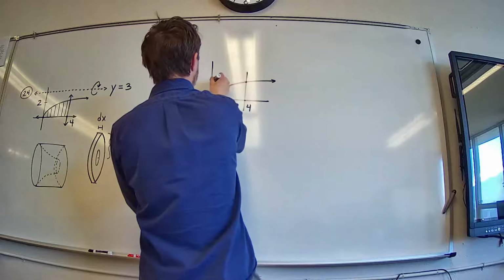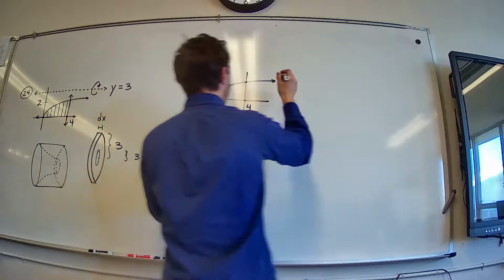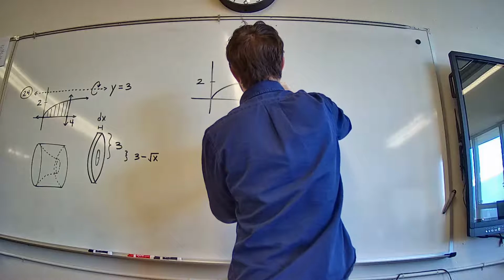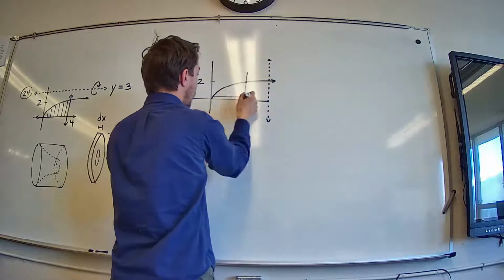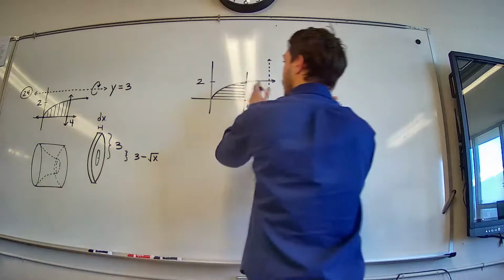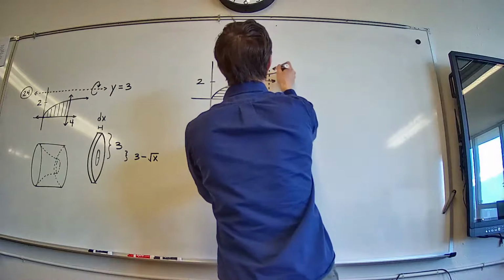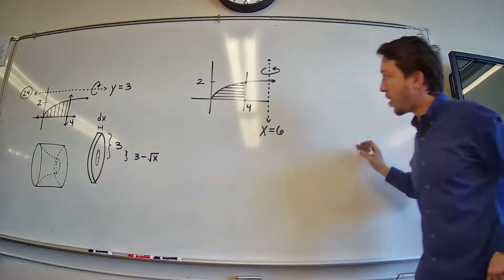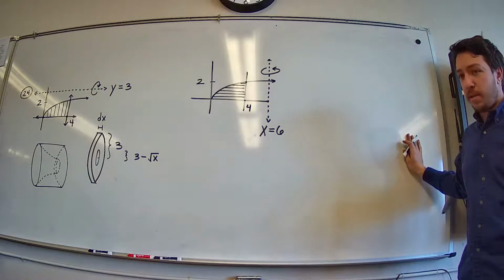This is still 2. This time this is our rotation axis. So draw the region. I hope you understand why I'm making them horizontal shadings. This is revolving around x equals 6. We feel okay about the drawing?